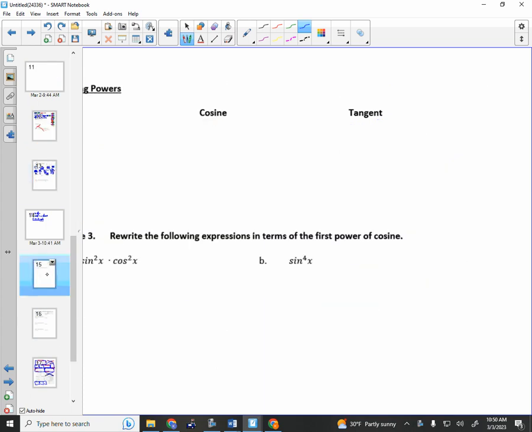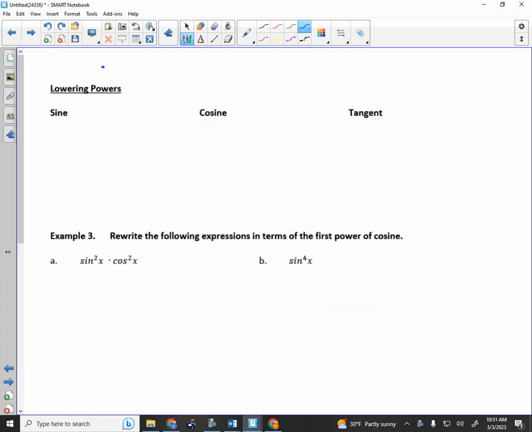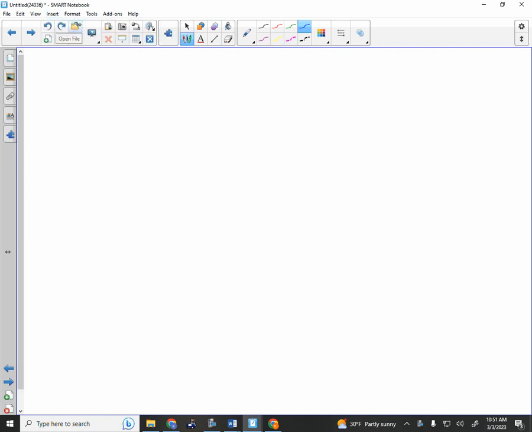So the second part we want to do today is the lowering powers. So I'll show you one example. We just wrote down that cosine of a double angle is equal to 1 minus 2 sine squared. That is a formula that we know, okay?